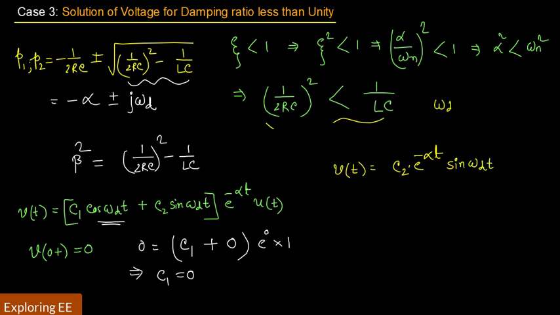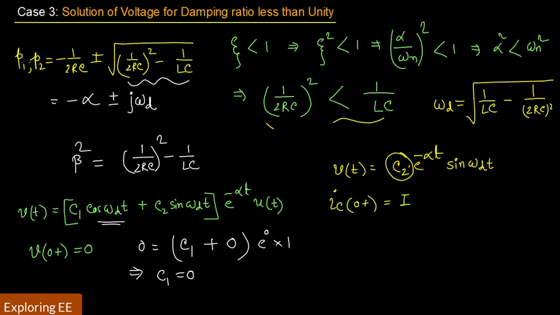Here omega d is what? Omega d is under root of 1 upon LC minus (1 by 2RC) whole square. Now this arbitrary constant C2 can be found from this expression: I_C(0 plus), that is the capacitor current, initial current is I. So C times dV(0 plus)/dt equal to I.